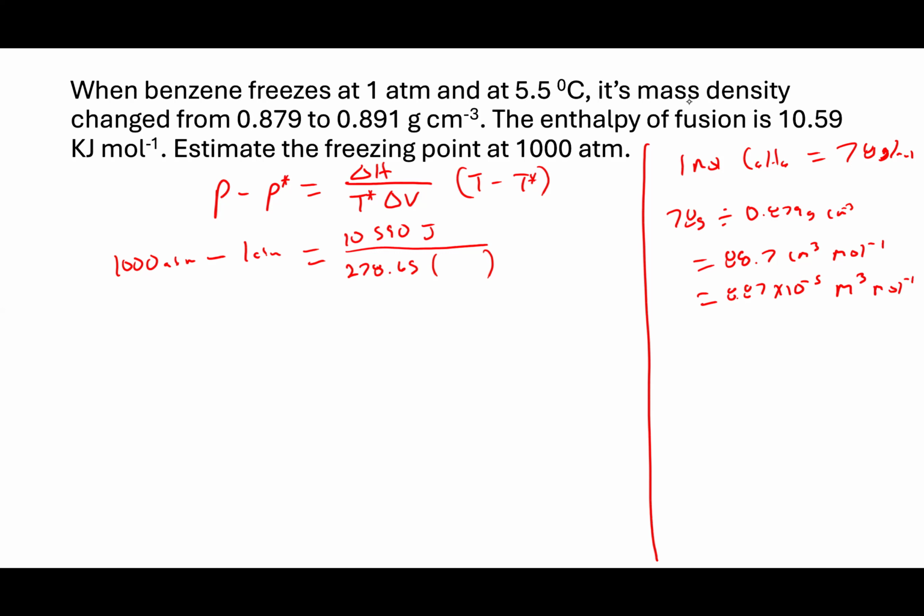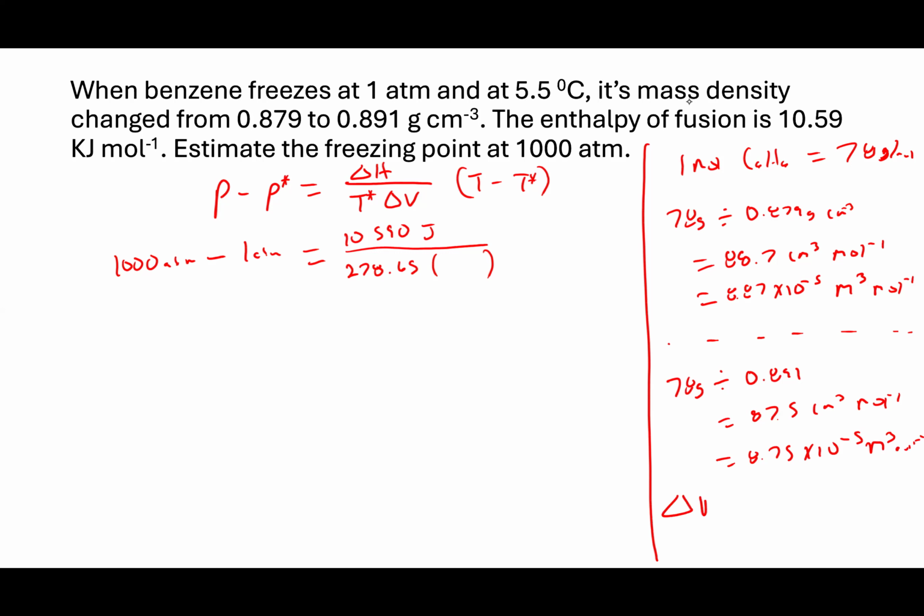If we do the same thing in the second instance, we still have that same 78 grams, 1 mole, right? But now our new density is 0.891. If we do that, then our new molar volume is 87.5 centimeters cubed per mole, right? Or 8.75 times 10 to the negative fifth meters cubed per mole, right?